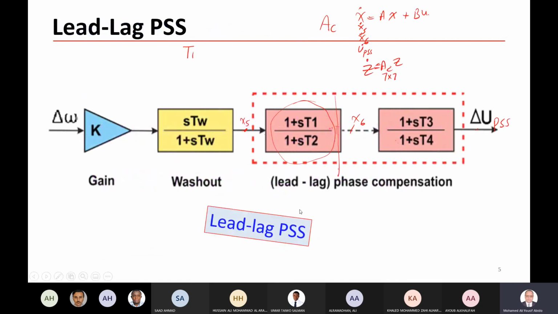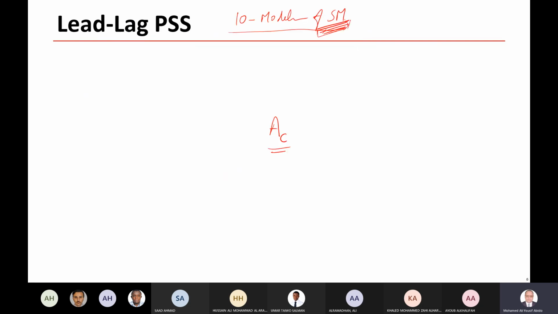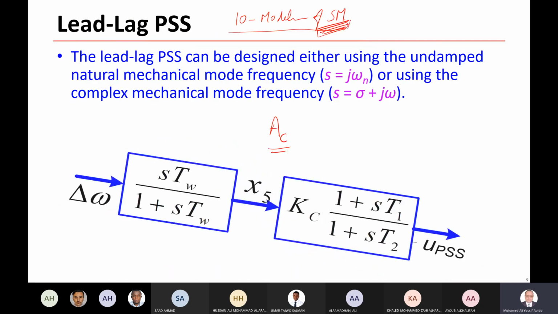So, okay. As we discussed earlier in the previous handout, the idea behind the power system stabilizer is to provide us with phase lead through these blocks to compensate the phase lag created by this automatic voltage regulator block, and also K3 over 1 plus sT'do.